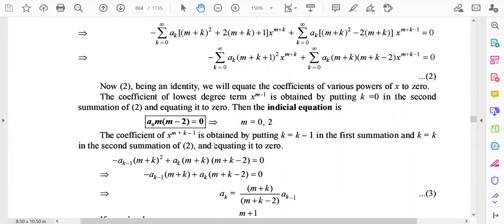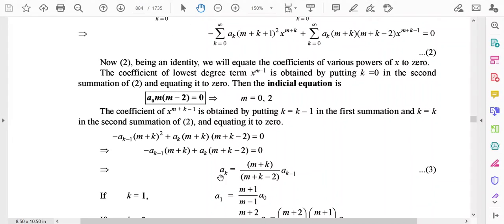It depends on you, on the type of the equation, and on the convenience. For example, here we are finding the coefficient of x to the power m plus k minus 1. So x to the power m plus k minus 1 is obtained if we put k is equal to k minus 1 in the first summation and k is equal to k in the second summation.